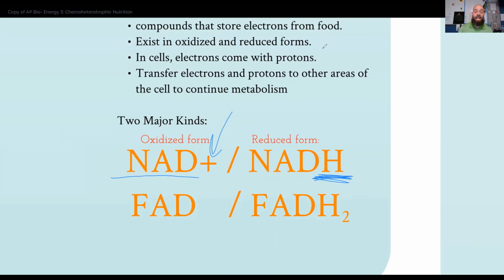NAD plus, empty version, low energy, has not received the electron yet. And pretty much what these guys are going to do is pick up a charged electron from the beginning stages where we're breaking your foods apart and carry it to a later part in cell respiration where we actually utilize that energy to charge a bunch of ATP.